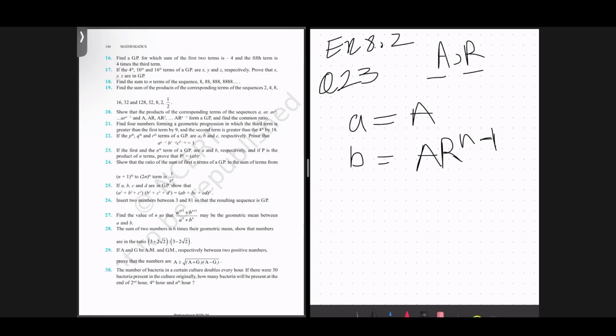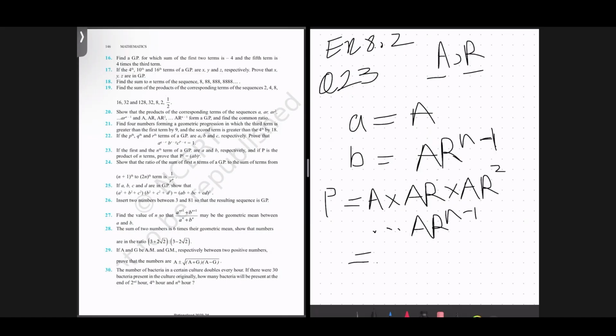Now, if P is the product of n terms, what is that going to be? The product of n terms is going to be a into ar into ar squared and up until ar raised to the power n minus 1, right?